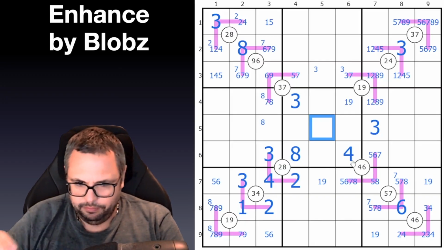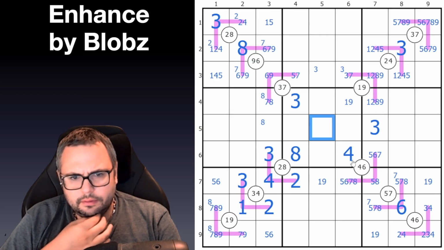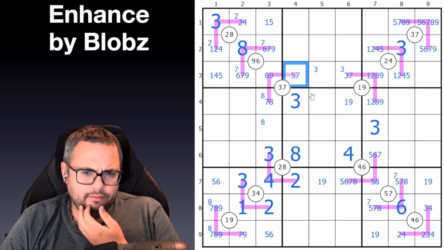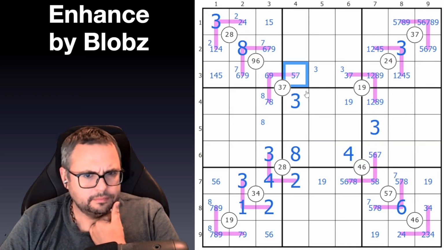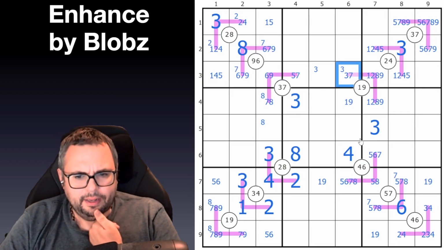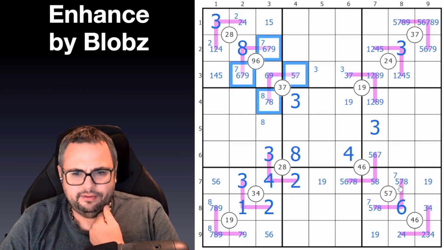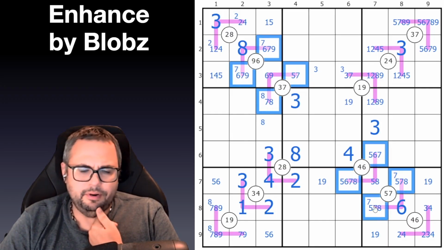So maybe I have to do more Sudoku. Oh, it's the point from before. Okay, so this point is important, actually, because actually I got these two 7s in both places.